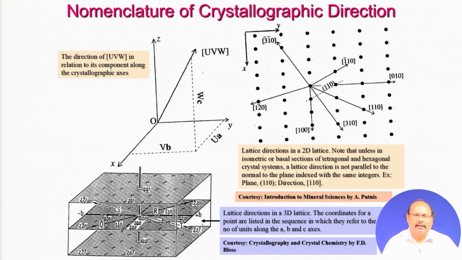So, H K L under first bracket, that is a face. For a direction, generally we use the terminology U, V and W. U corresponds to the A axis, V corresponds to the B axis and W corresponds to the C axis, and they should be put under the third bracket here.